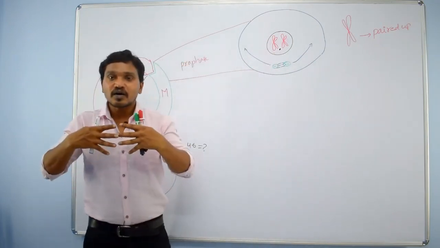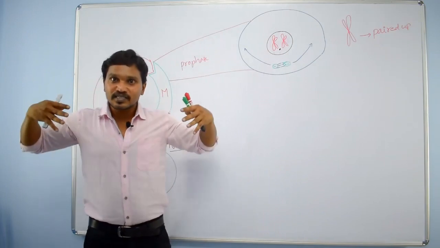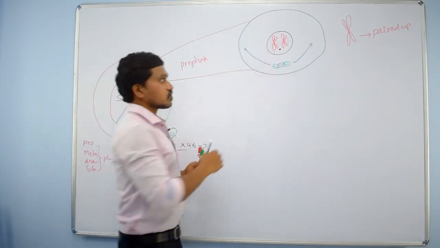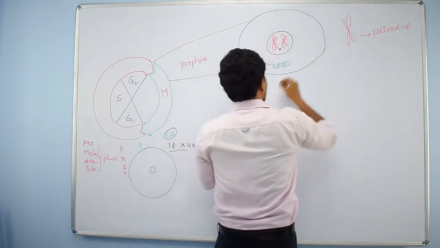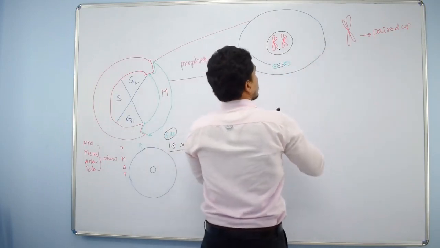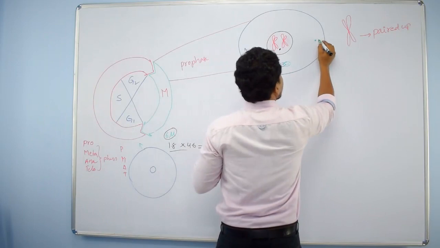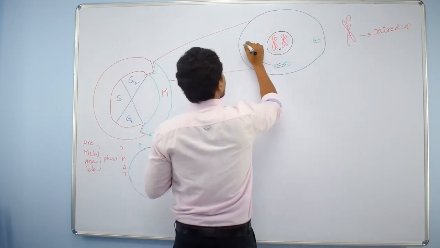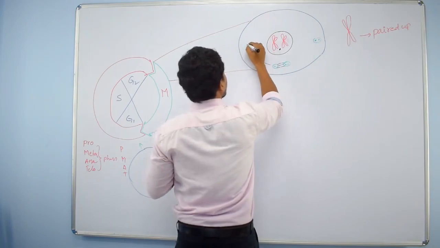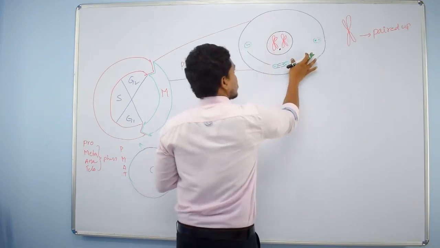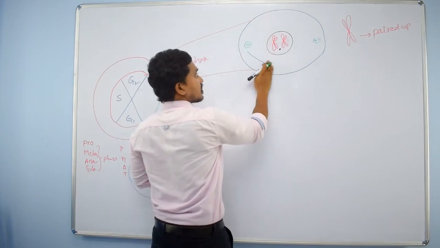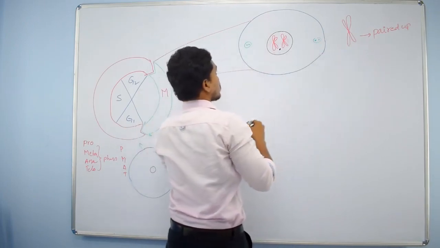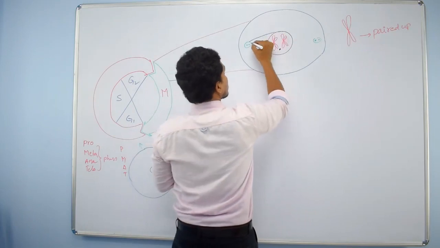The length of the microtubules increases and the centrosomes migrate. So here one centrosome, here another centrosome, right? Clear? Then along with, what are these?